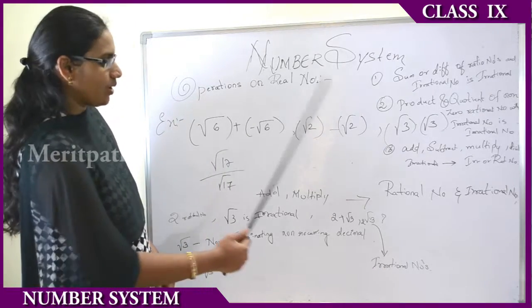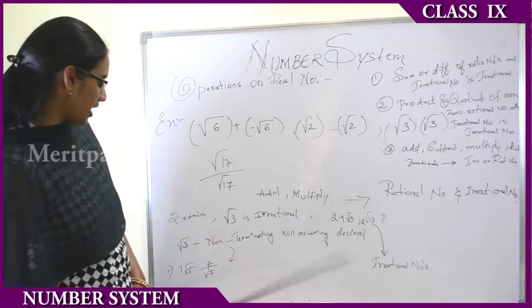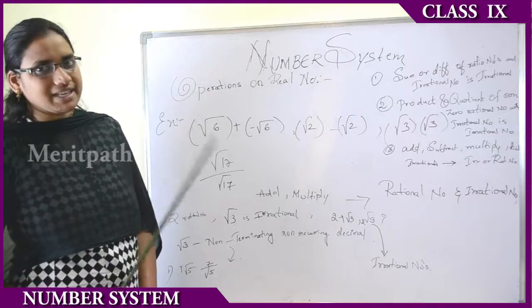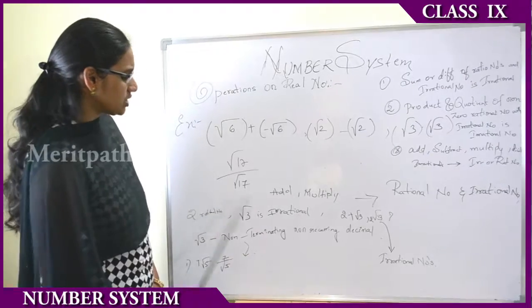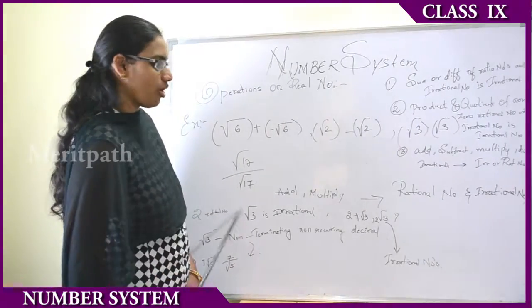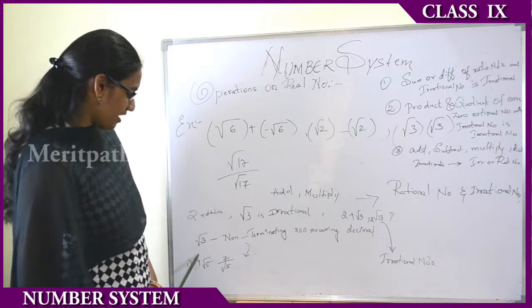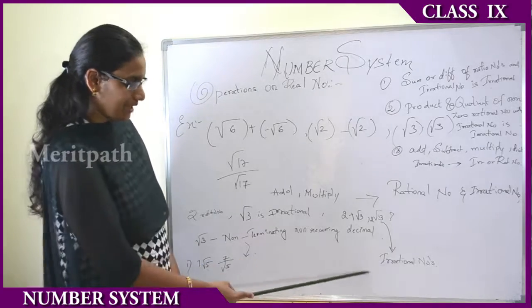Whether we add, multiply, subtract or divide, that is, perform any binary operation on a rational number and an irrational number, we get the result as follows. For example, 2 is a rational number and root 3 is an irrational number. When we add those 2 numbers, 2 plus root 3, or multiply them, 2 times root 3, we get an irrational number only.